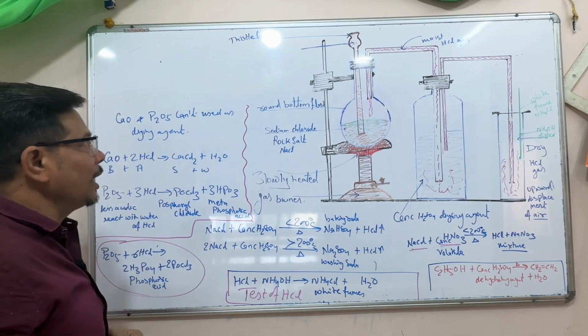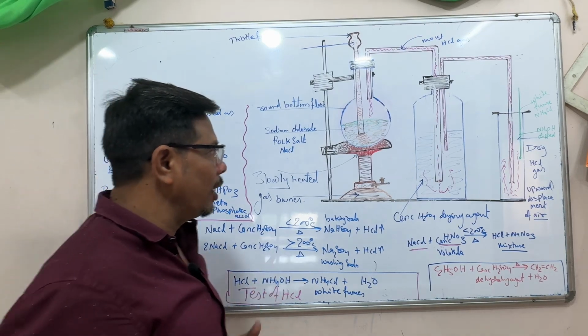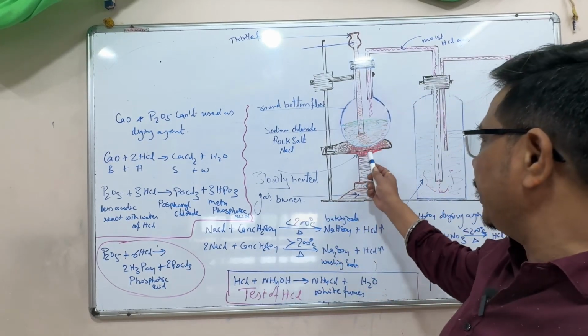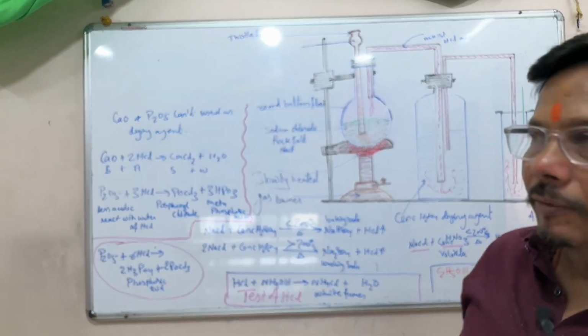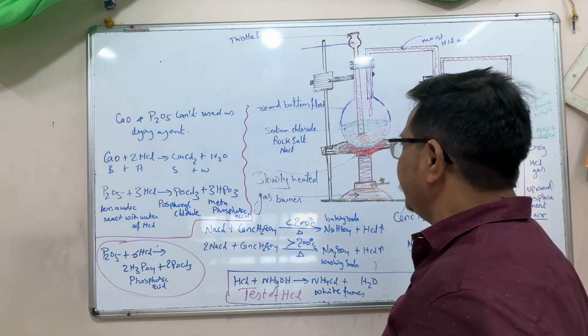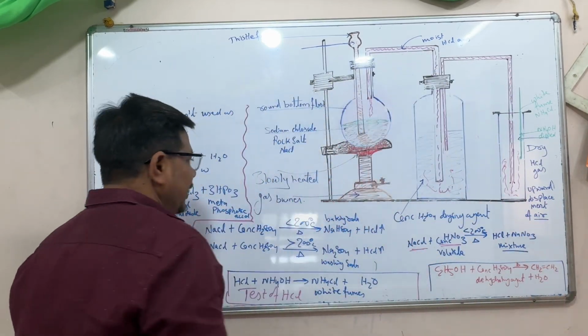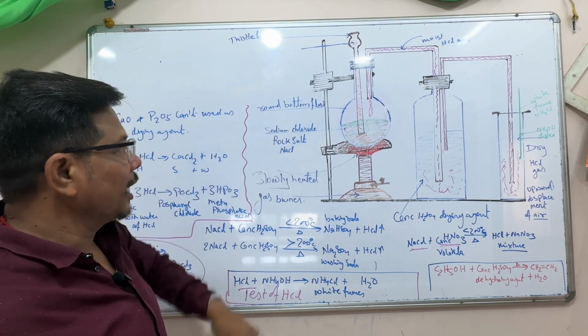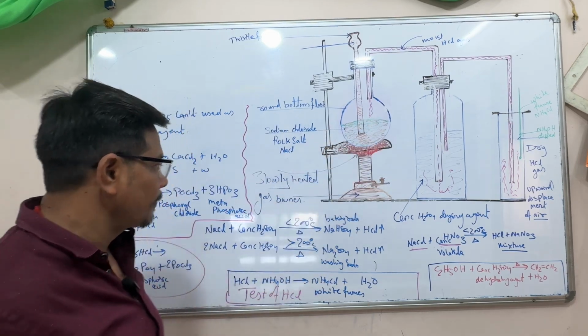Concentrated sulfuric acid is non-volatile and it is slowly heated. It is not rapidly heated, it is very slowly heated with a gas burner in the round bottom flask. What will happen?